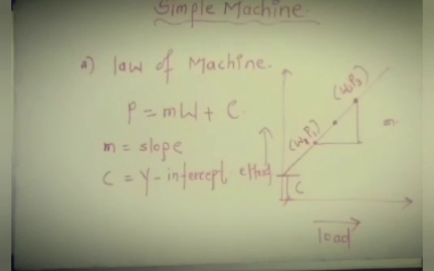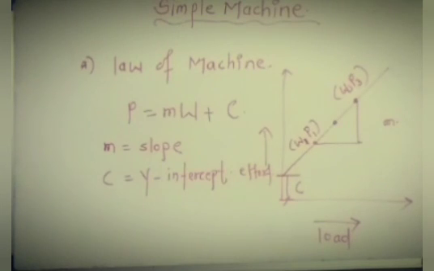We get certain points, and we join them by a straight line. Where that straight line intersects the y-axis, the distance from that point up to the horizontal axis is c, the y-intercept. Whatever slope that inclined straight line has is m, the slope.